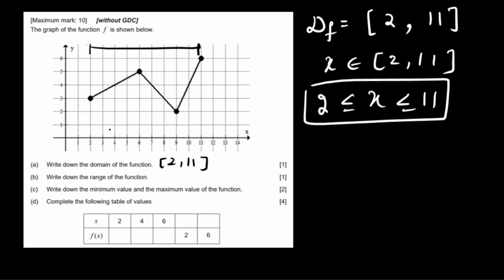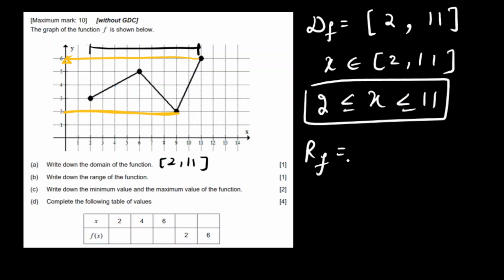Write down the range of the function. While writing the range, we have to see the graph's maximum and minimum value along the y-axis. Along the y-axis, this is the minimum value, because I don't have any point of this graph below it, and this one is the maximum value. So we can write the range now, considering this.